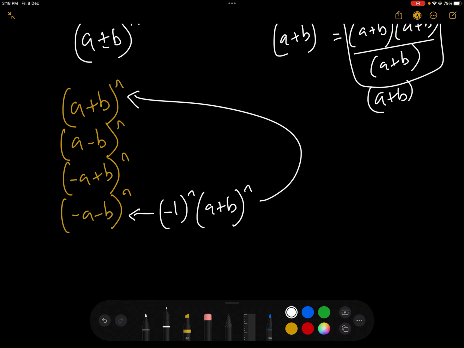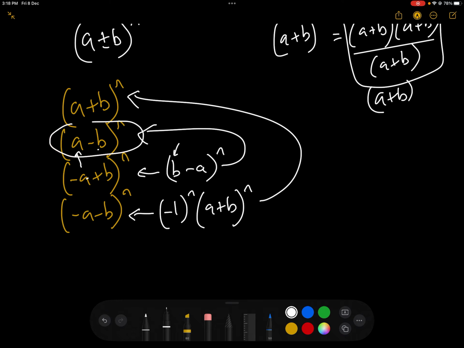For a minus b and minus a plus b, we could just flip b and a around so that b is the positive term, and use that method. When we work out a minus b to the n, we use the same method as a plus b to the n, and then just do a tiny little adjustment at the end. So there is only one method to learn.